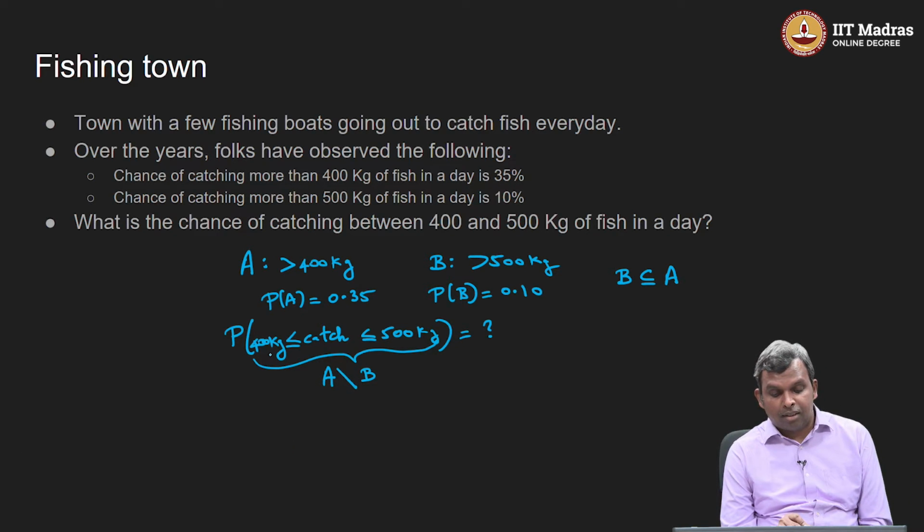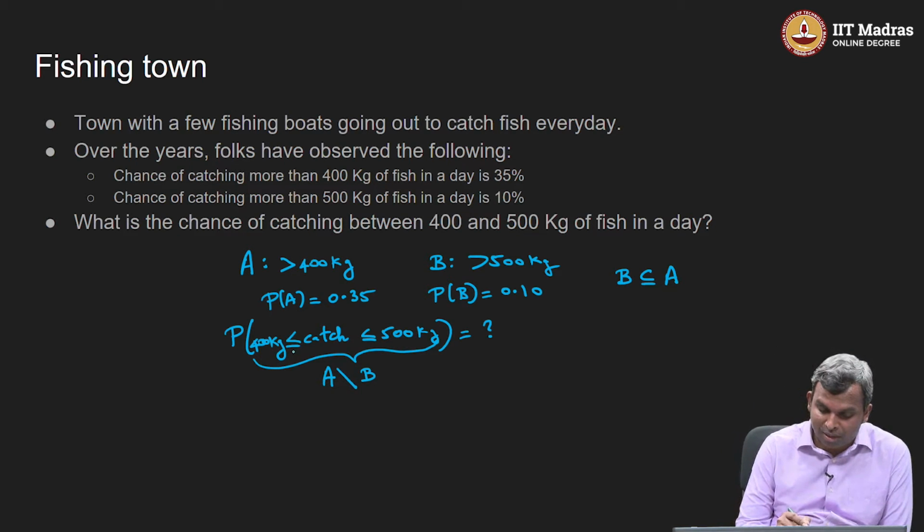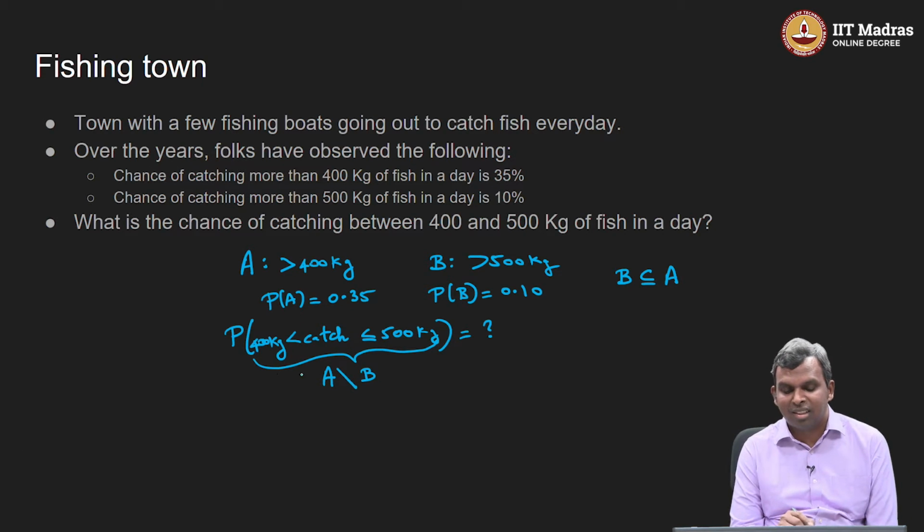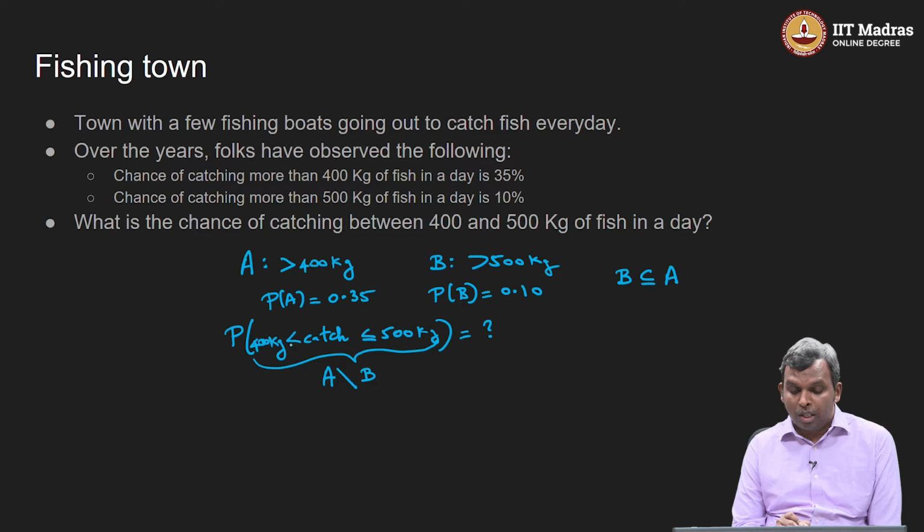I should get greater than 400. To be careful, let me not put greater than or equal to and all that. It's not significant, but let's just keep it like this. So I've got greater than 400, which means A happened, but I have not got greater than 500. I've got less than or equal to 500. So B did not happen.